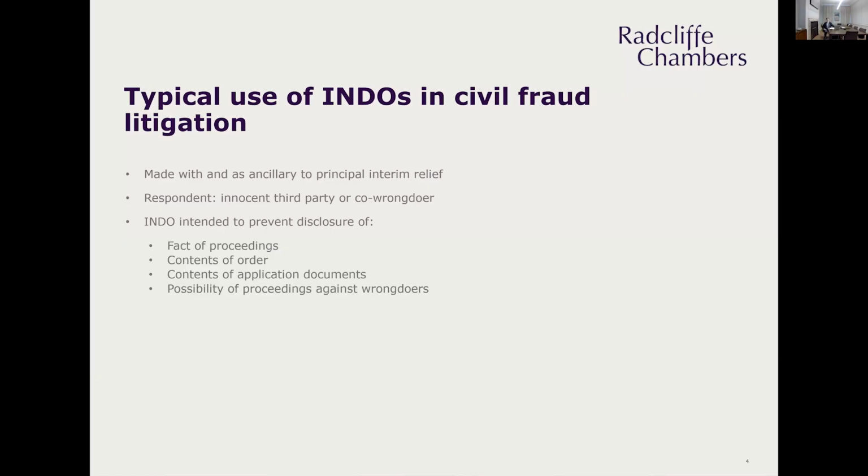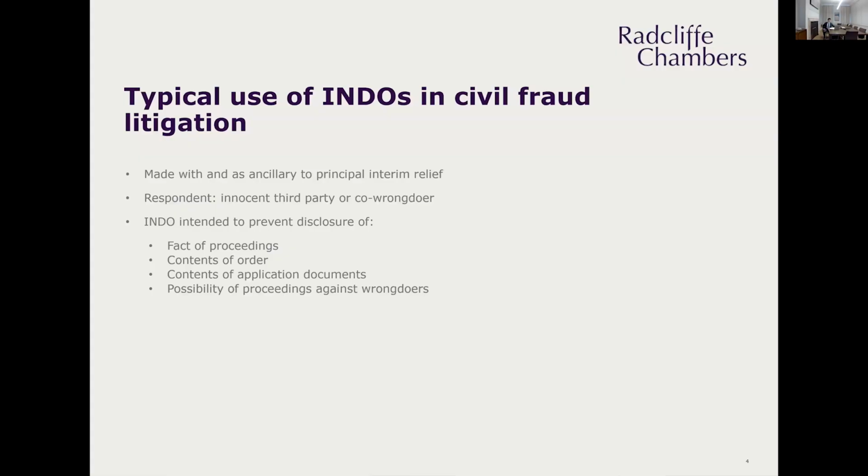Usually an INDO application is made at the same time as and ancillary to some application for the principal interim remedy you're seeking. For example, a Norwich Pharmacal order. So the INDO application is made at the same time and in reality forms part of the Norwich Pharmacal application. That is the principal interim remedy you're seeking.